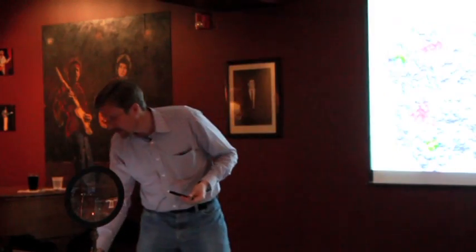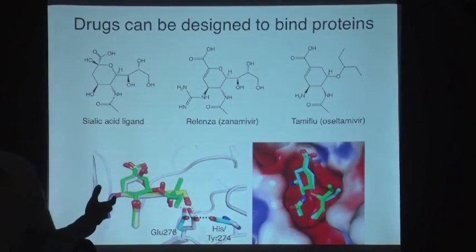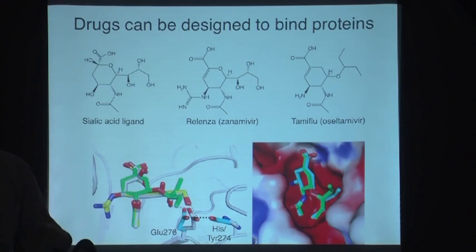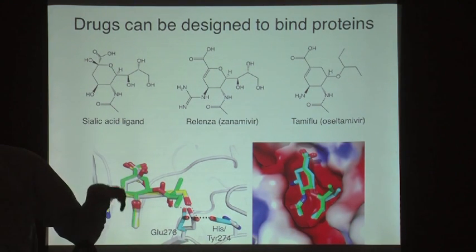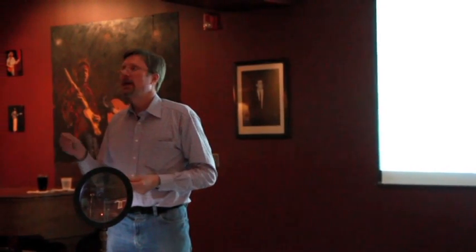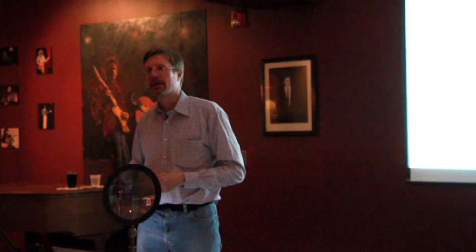And that's why you don't take Relenza all the time. You take it in order to treat a disease. But sure, anytime you ingest a molecule that looks a lot like something that is important for the biology, you're introducing the possibility of side effects. It's absolutely true.